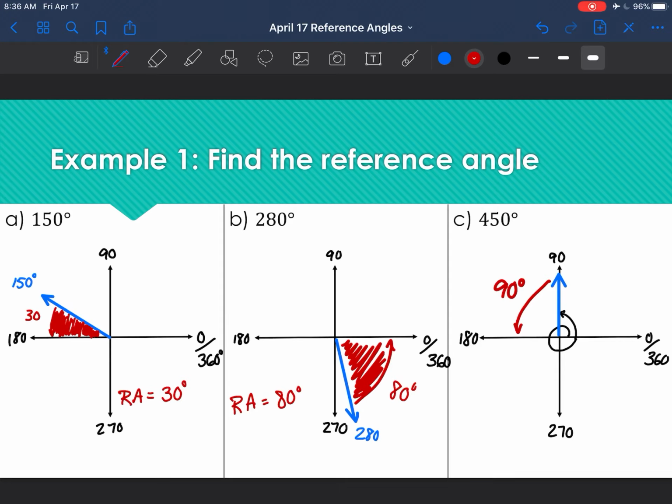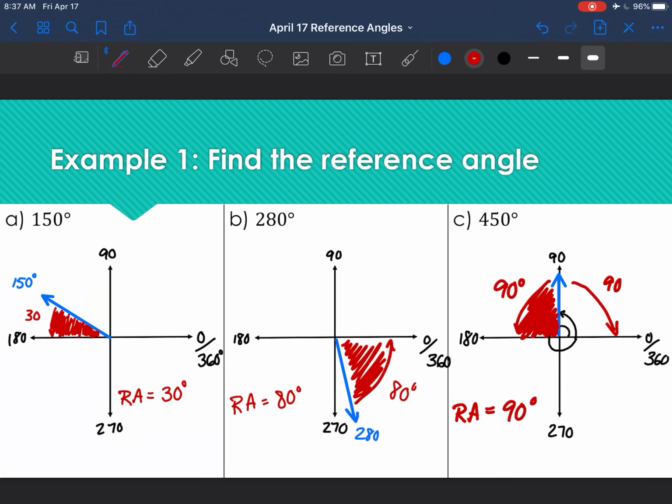The other way to get to the x-axis would be to go backwards, back to the 0. How many degrees would it be then if you're going from 90 back to 0? It would still be 90 degrees. So in this particular case, the reference angle is going to be the same no matter which side you use. The reference angle is going to be 90 degrees.